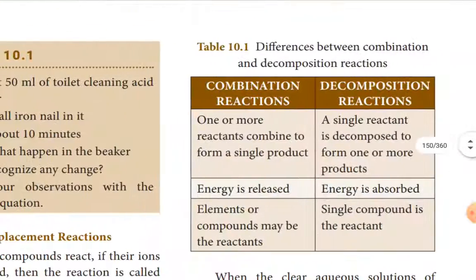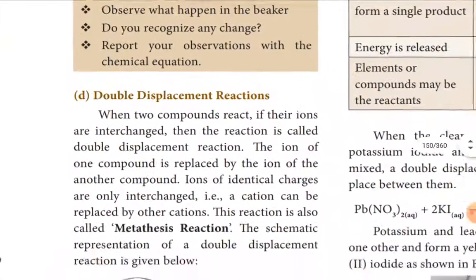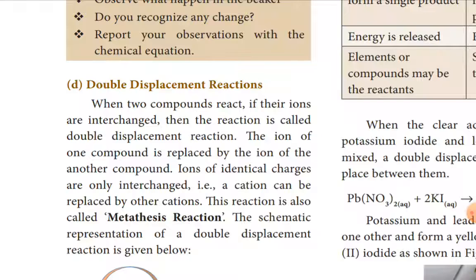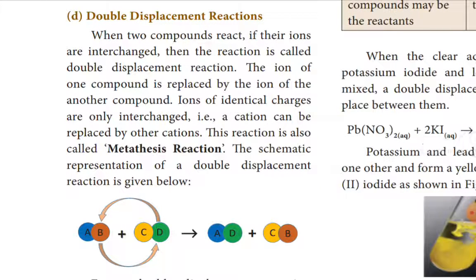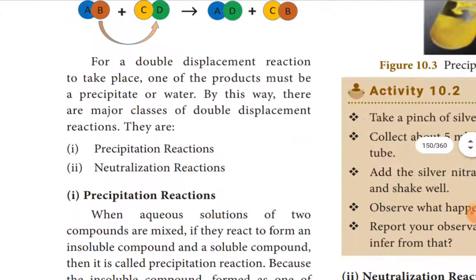Then the difference between combination and decomposition reaction. Also double displacement reaction takes place between two compounds; the rearrangement of ions, interchanging of ions takes place to give new products. So cation is replaced by cation, anion is replaced by anion, and this type of reaction is called a metathesis reaction.